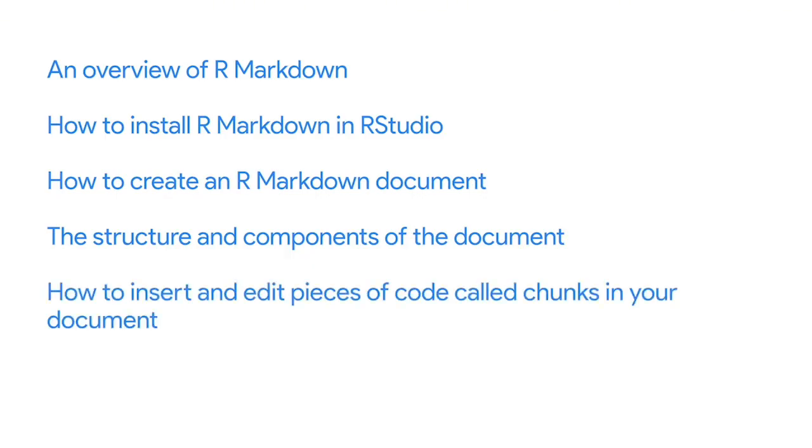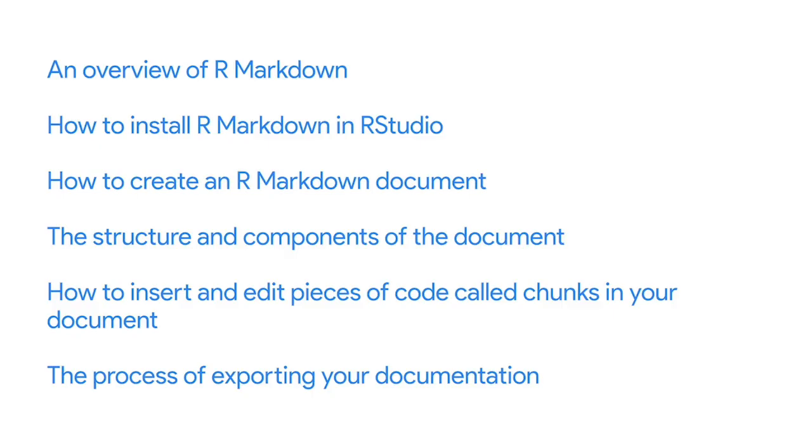Next, we'll show you how to insert and edit pieces of code called chunks into your document. And finally, we'll check out the process of exporting your documentation. It's always good to have a report of the analysis you've done, both for yourself and your stakeholders. After that, we'll wrap up our time with R.